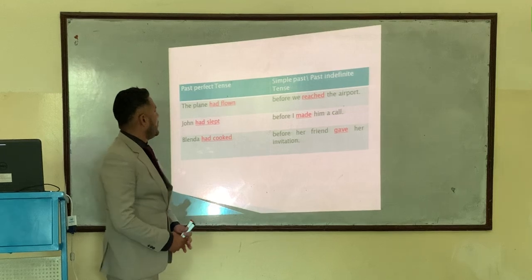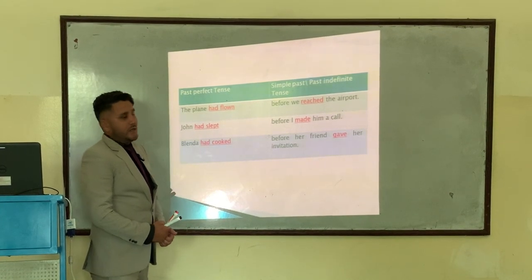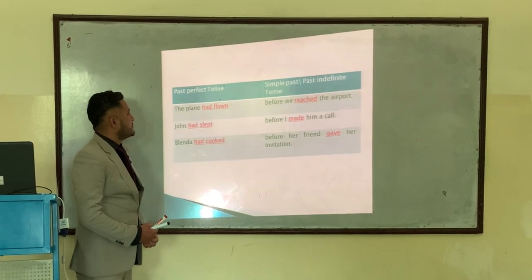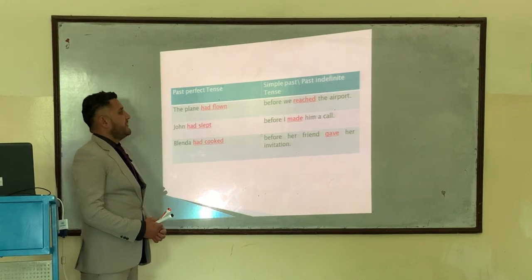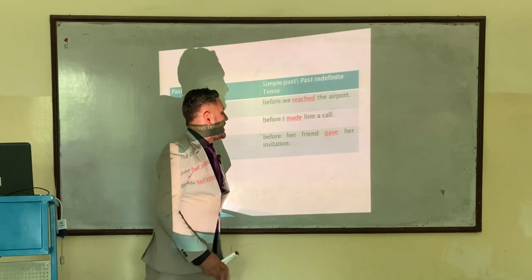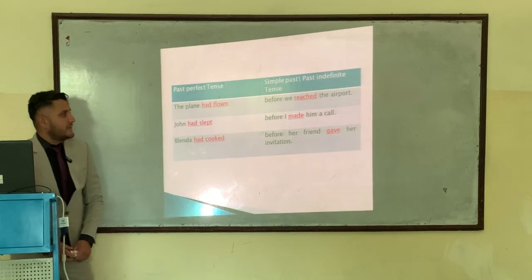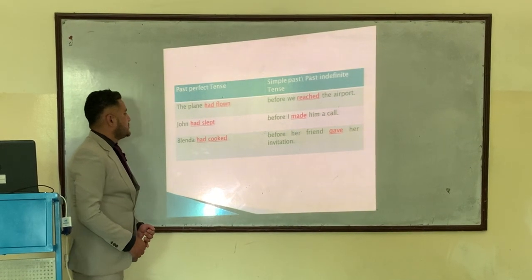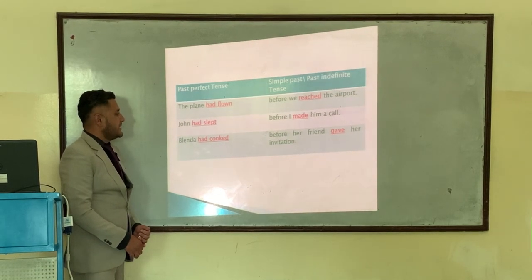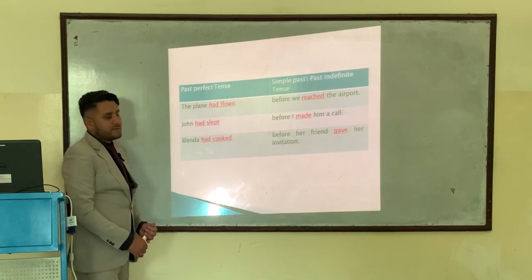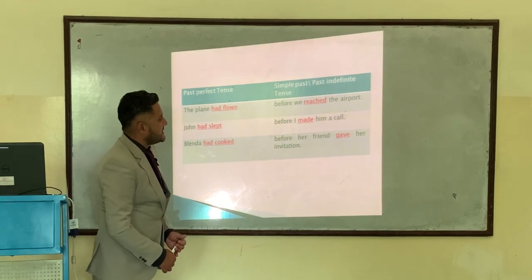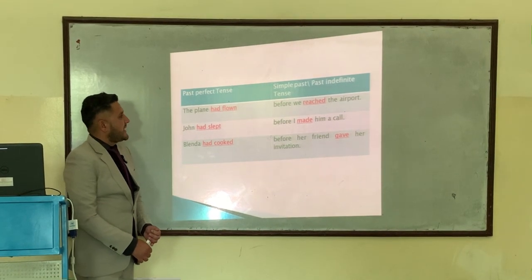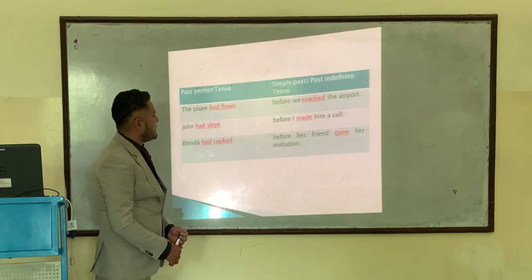The plane had flown, had plus third form of verb, refers to past perfect tense, and before we reached the airport, reached has been underlined and it's in the simple past tense, the second form of verb. John had slept, had plus third form of verb slept, refers to past perfect, and before I made him a call, made, the second form of verb, refers to past indefinite or simple past tense.